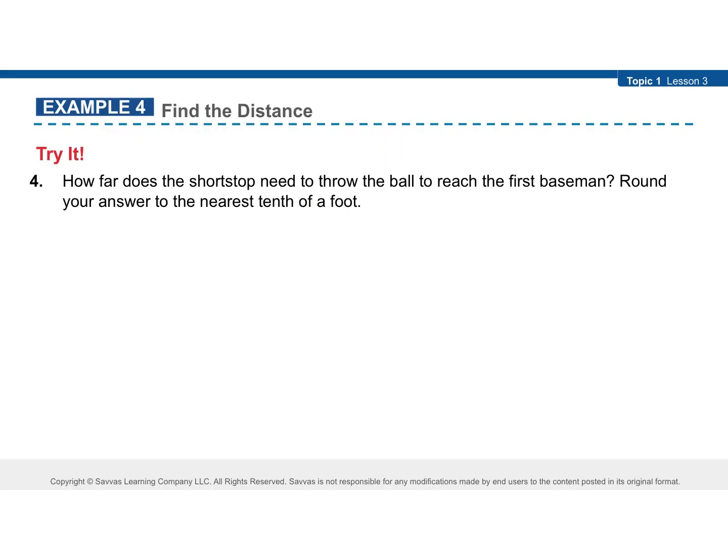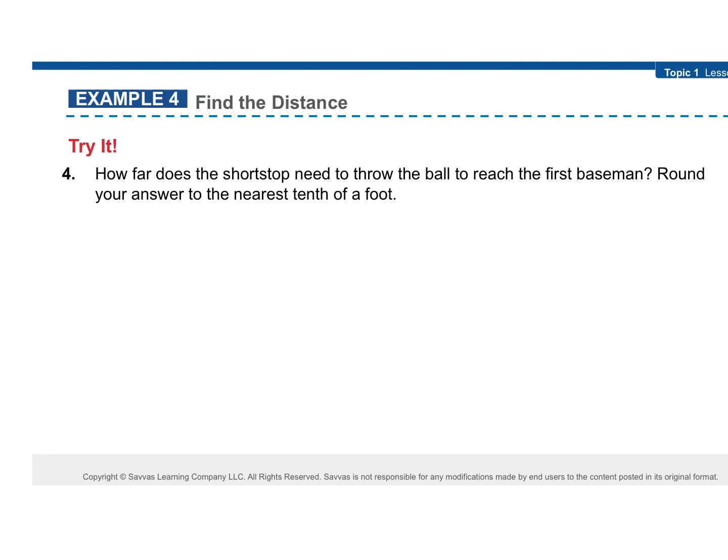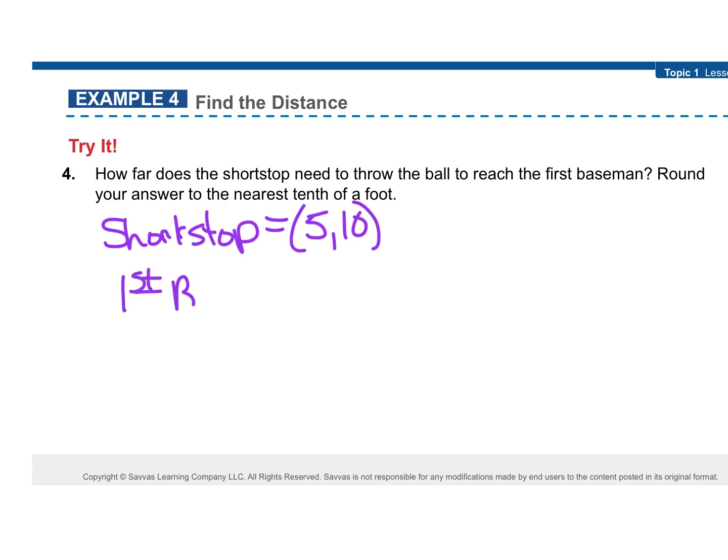And then the next one, how far does the shortstop need to throw the ball to reach the first baseman? So you try this. Remember the shortstop is at 5, 10, and the first baseman, if you can't see it, is at 10, 0.